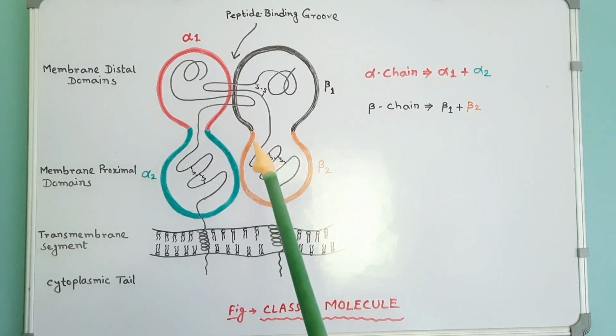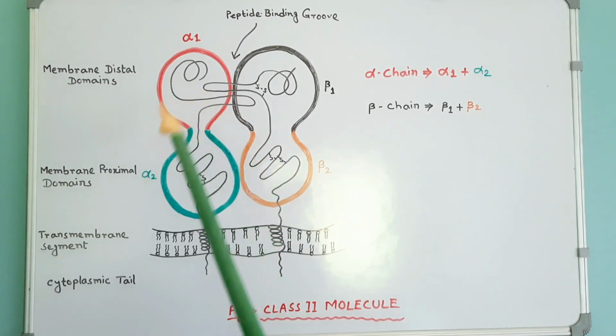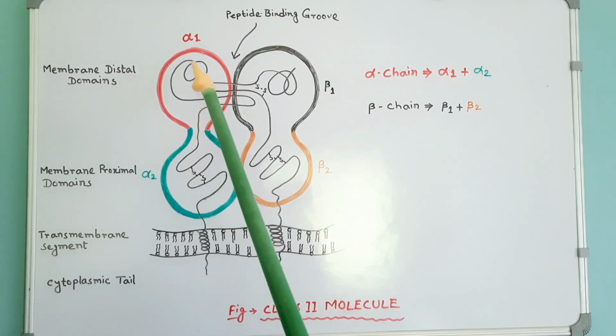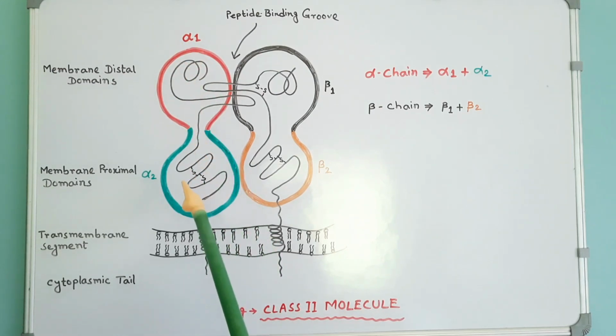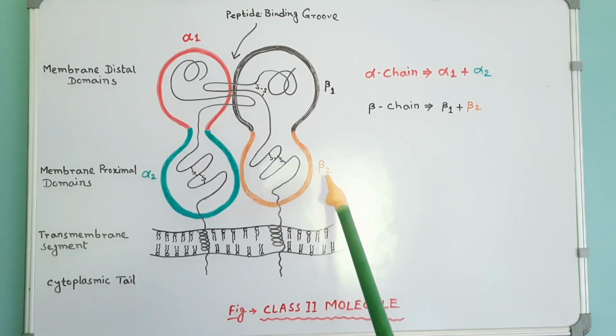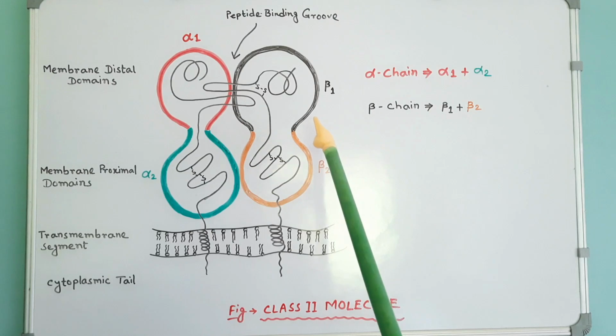Class II MHC molecules contain external domains, a transmembrane segment and a cytoplasmic anchor segment. Here, each chain contains two external domains. So, alpha 1 and alpha 2 for alpha chain and beta 1 and beta 2 for beta chain.